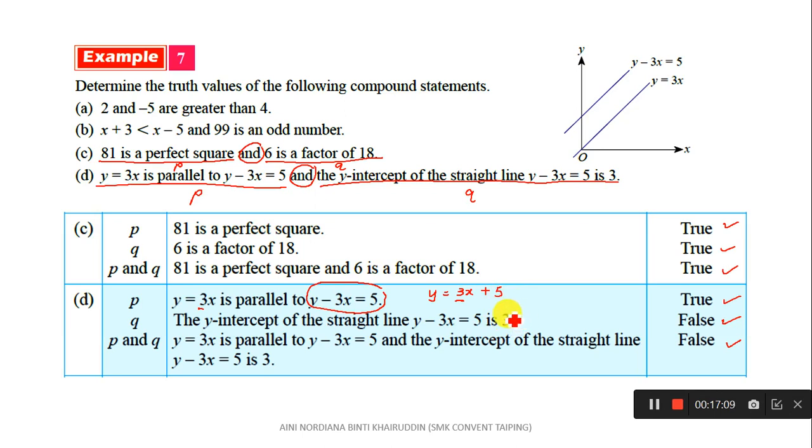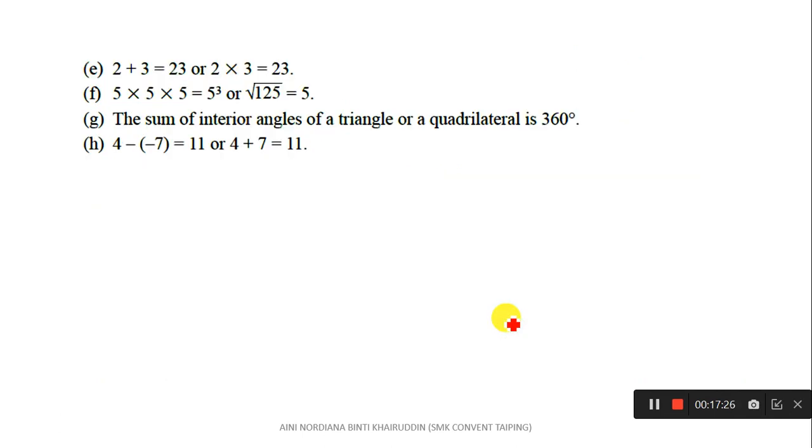If you have not mastered that chapter, it is difficult for you to determine the truth value of the sentence. Next, E. Now, look at the word "or".